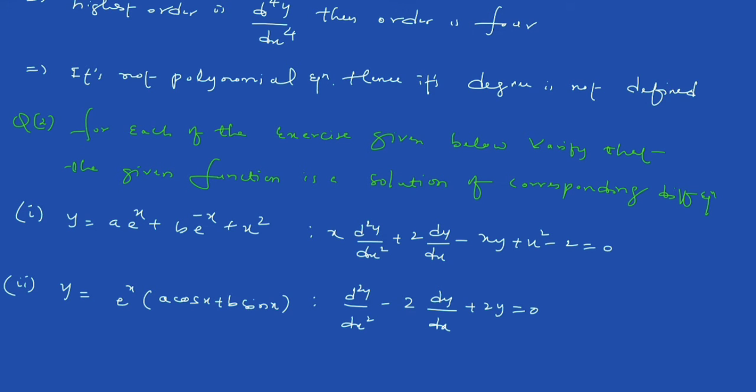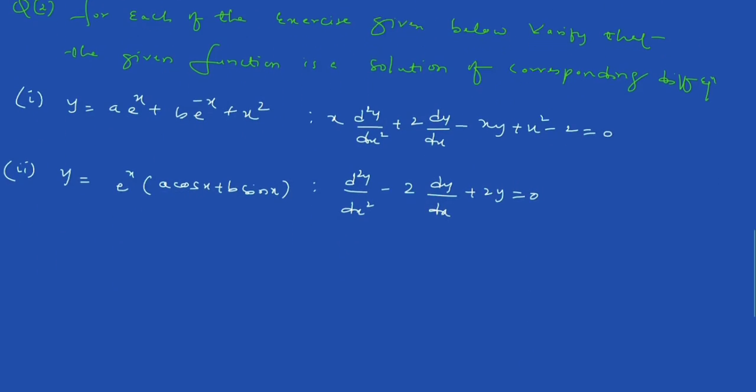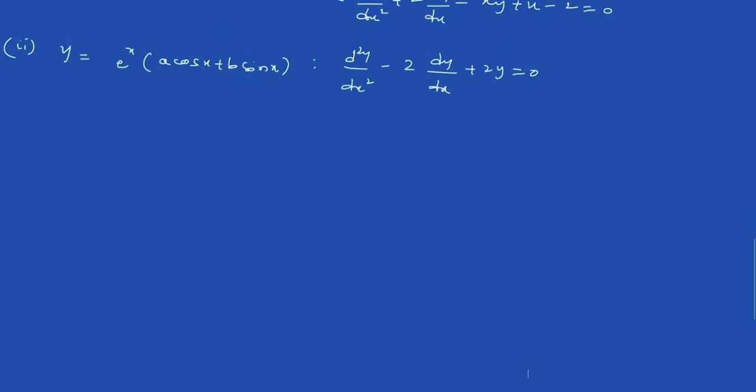So we have considered here 2 equations. There are 2 functions with respect to their corresponding differential equations. So let us consider the first one. We will check whether the given function is a solution of the differential equation or not.